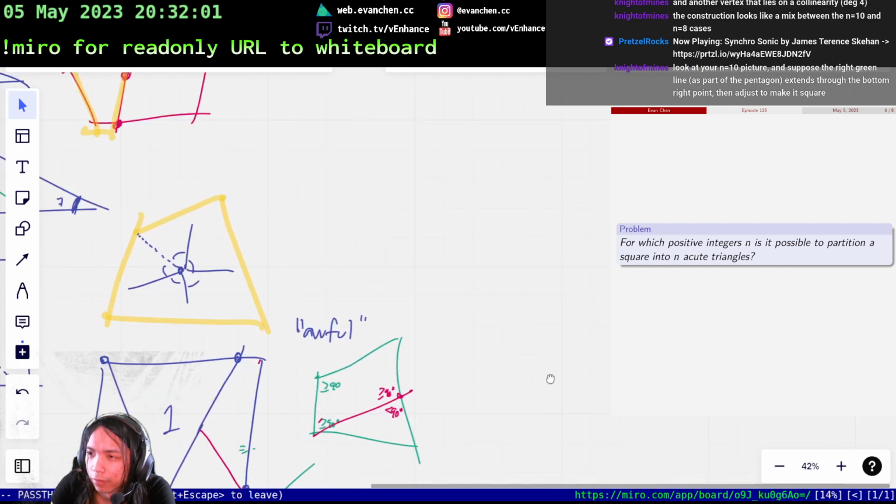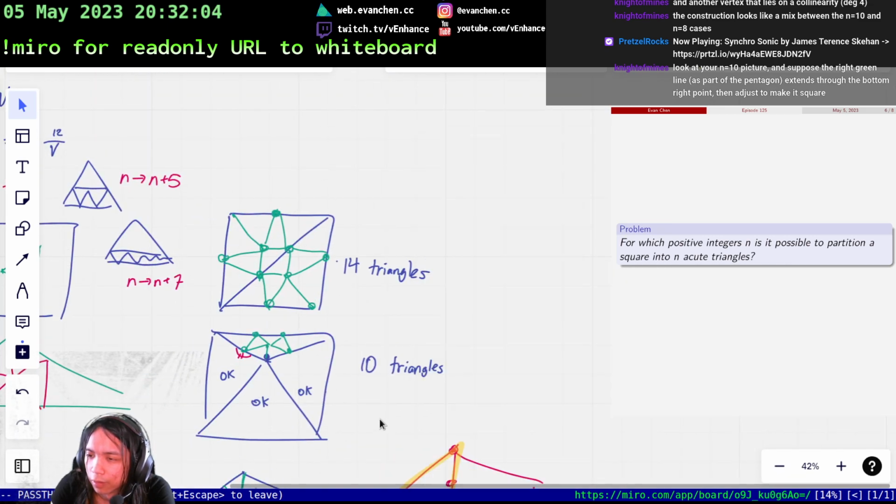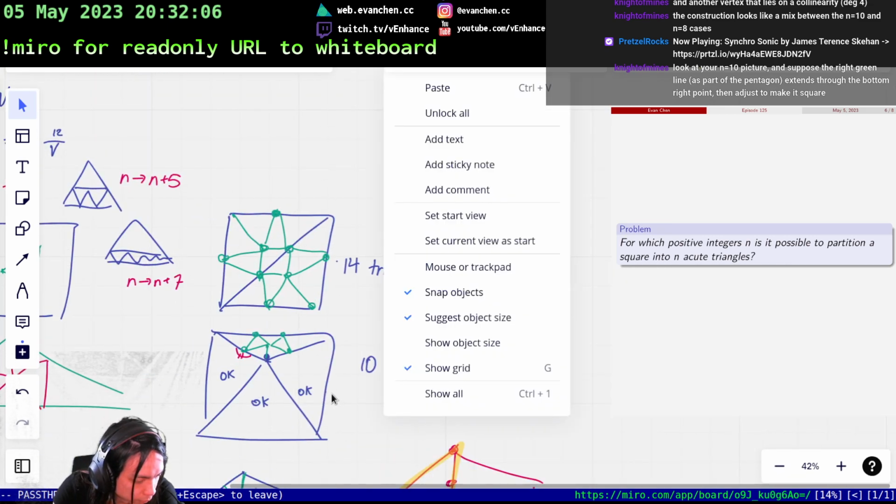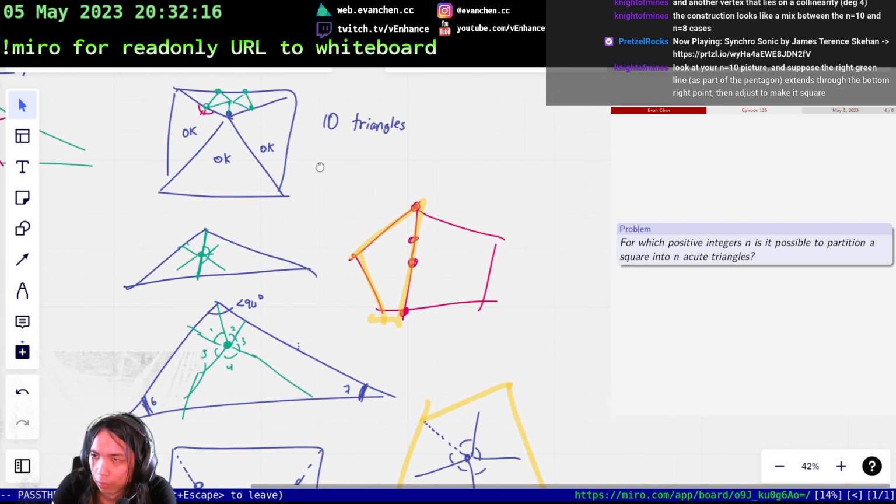Okay. Look at your n equals 10 picture. Suppose the right green line. Oh, that's the worst thing I've ever heard.